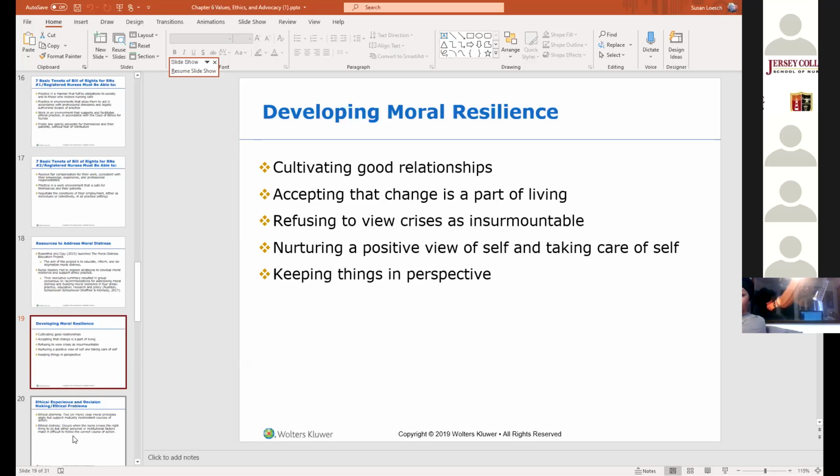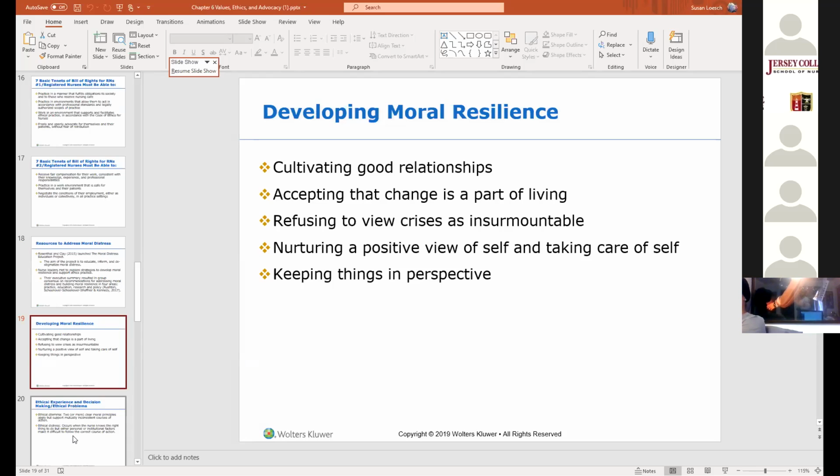For developing moral resilience, you want to cultivate good relationships. Be able to accept change, because change is going to happen all the time. We can't stop change from happening. We can change the way that we respond to it.